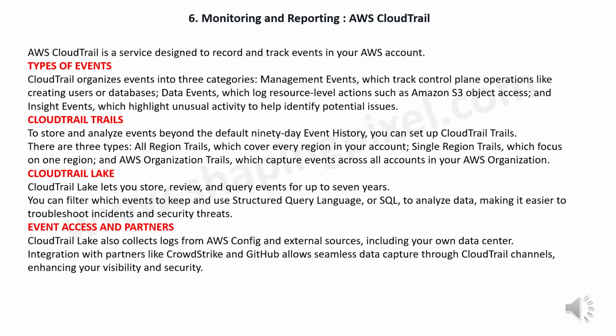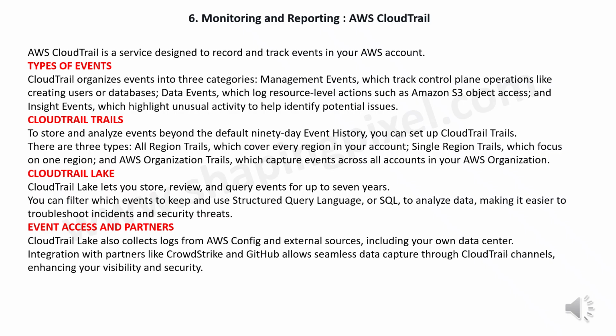AWS CloudTrail is a service designed to record and track events in your AWS account. It captures both application programming interface, or API requests, and non-API actions, whether they come from users, the AWS Management Console, or other AWS services.